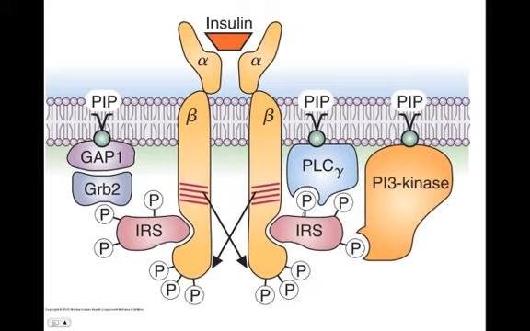Phosphorylation on the IRS will recruit GRB2 by binding of the phosphotyrosine residues via the SH2 domain, and it will also recruit phospholipase C and protein kinase. The downstream action of this binding mechanism is multifaceted.